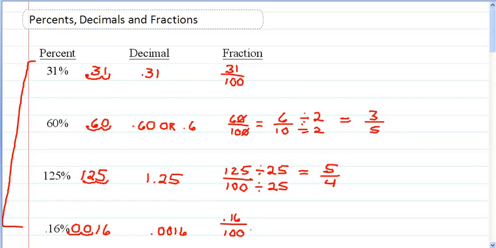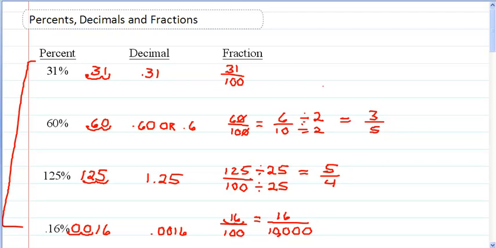For 0.16 over 100, the first thing I want to do is get rid of the decimal. So to get rid of the decimal, I have to move it over twice so that I have 16, but to balance this I have to add 2 zeros to the denominator. So I have 16 over 10,000. Now to reduce this one, this is a little more complicated.